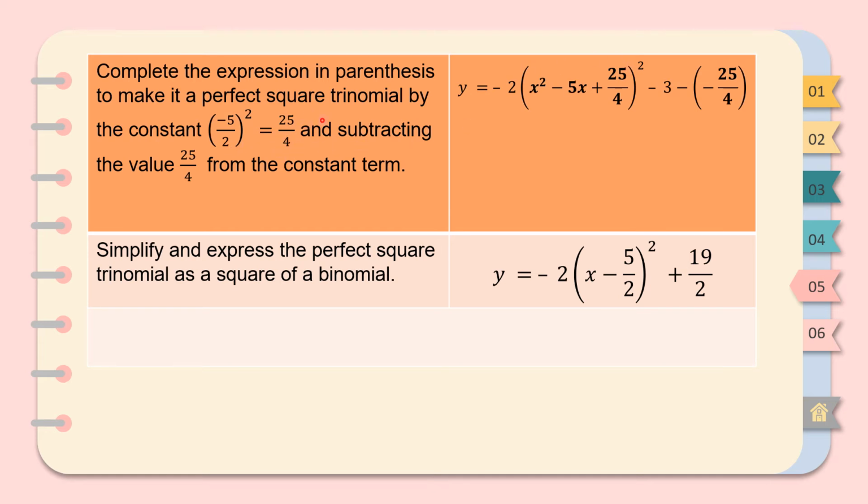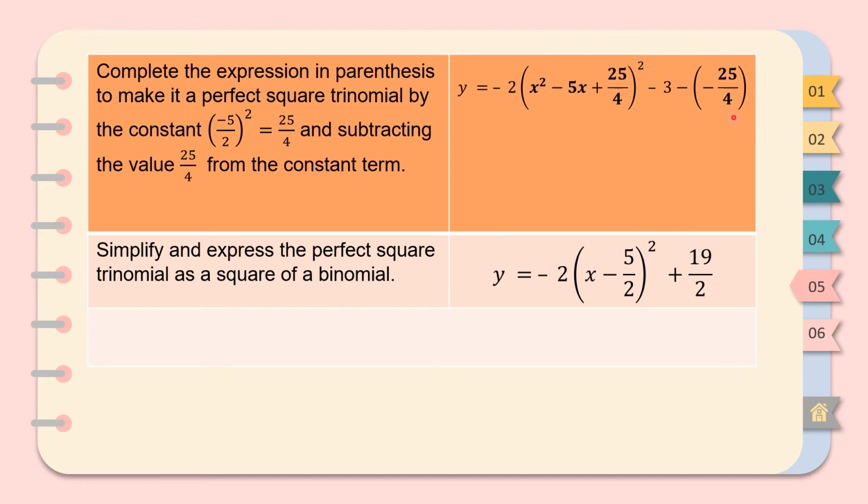So, ang i-add po natin ay 25 divided by 4. Minus 3 quantity or minus quantity negative 25 all over 4.